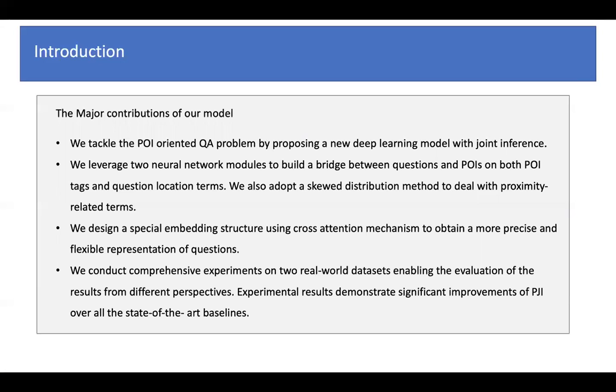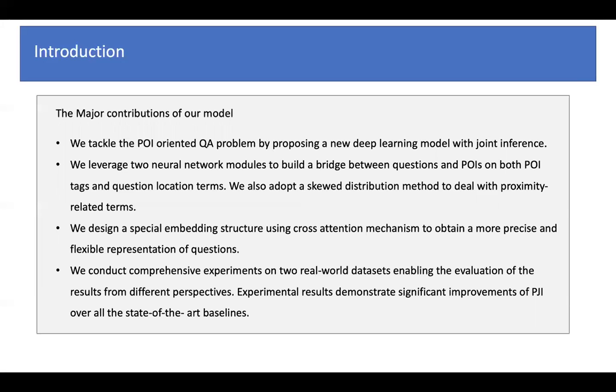The major contributions of our model lie in 4 aspects. First of all, we tackle the POI-oriented QA problem by proposing a new deep learning model with joint inference. We leverage 2 neural network models to build a bridge between questions and POIs on both POI tags and question location terms. We also adopt a skewed distribution method to deal with proximity-related terms.